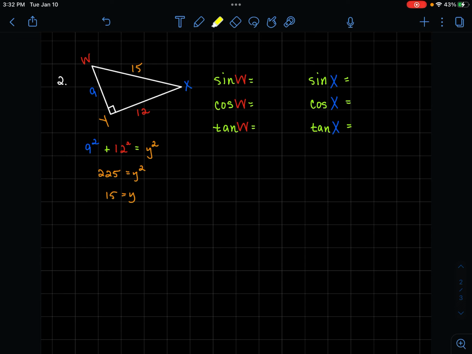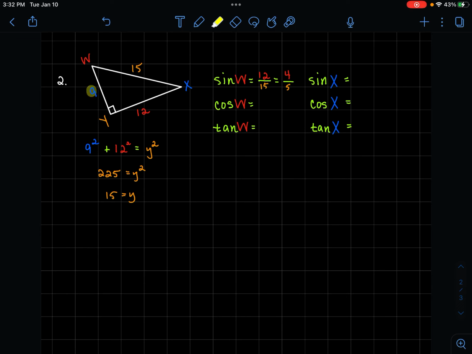Starting with the sine of W, identify your angle, knowing that the opposite side over the hypotenuse will give us the sine of angle W. But this time the fraction is unsimplified. We're going to find the largest number that divides into 12 and 15, which is 3. That simplifies down to 4/5.